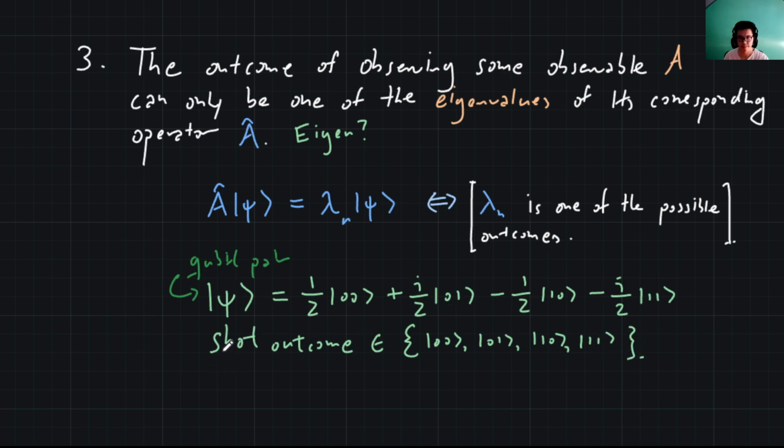That means the superposition state, the plus state, which is equal to root half of 0 0 plus root half of 1 0, is not in these outcomes. So you cannot observe a result like plus 0, anything that is outside of these four.